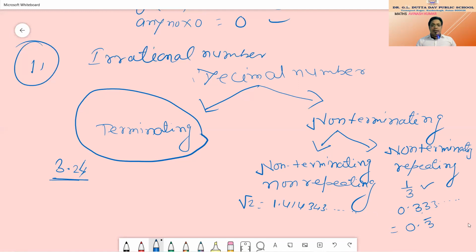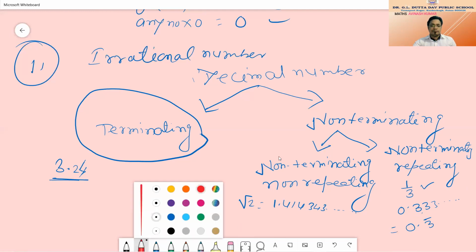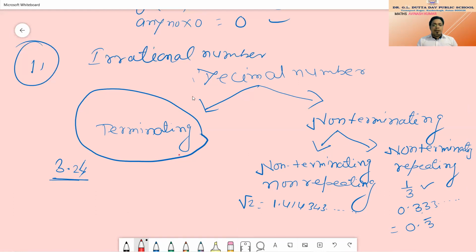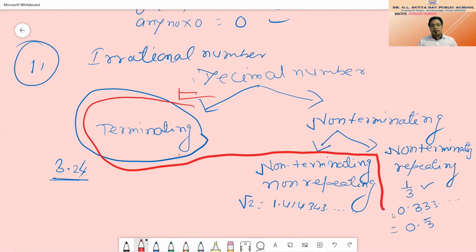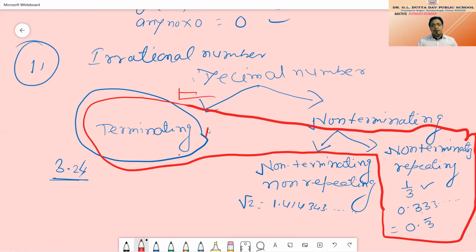Students, terminating decimal numbers along with non-terminating repeating decimal numbers are called rational numbers.